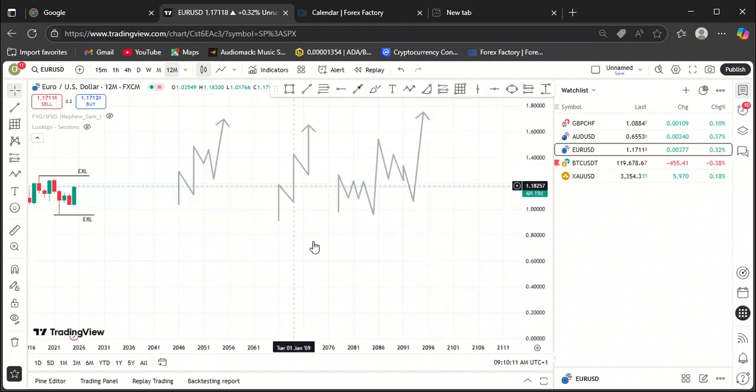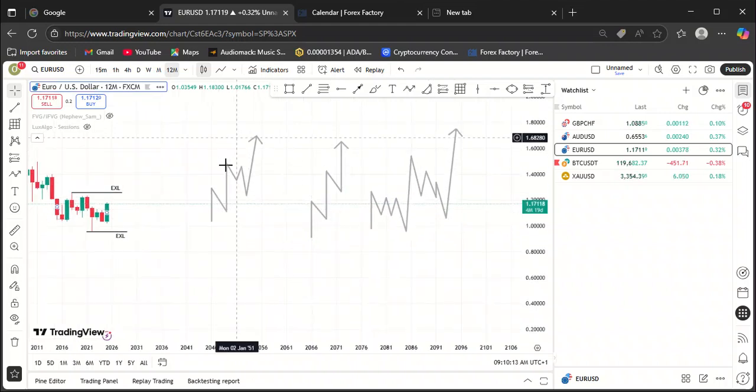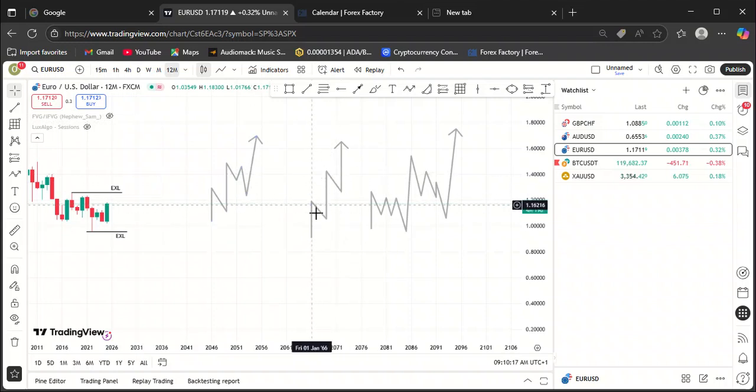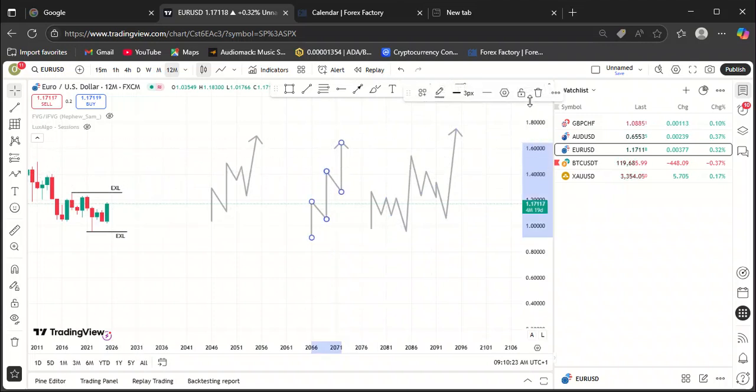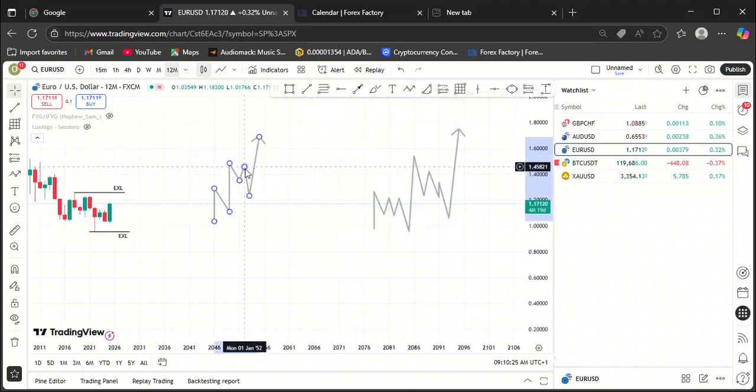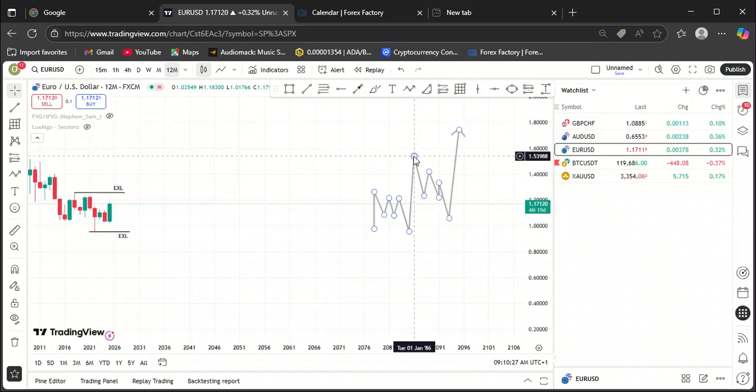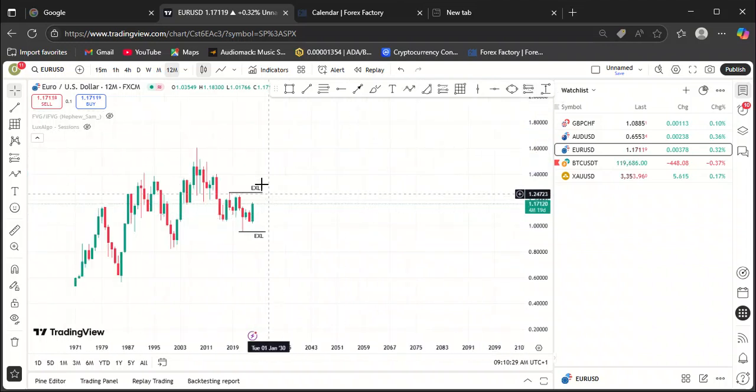So it depends on the market condition. Don't expect your market structure to be like this all the time. Always expect something like this or something like this. Just have that at the back of your mind that market structure is not always the beautiful something to look for.